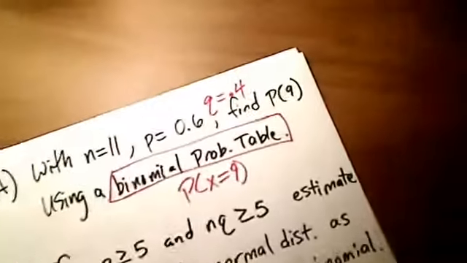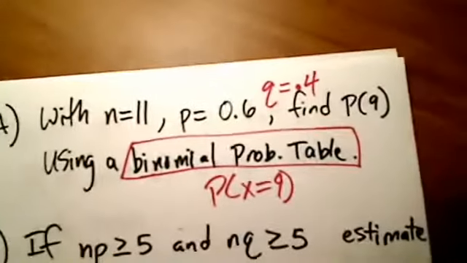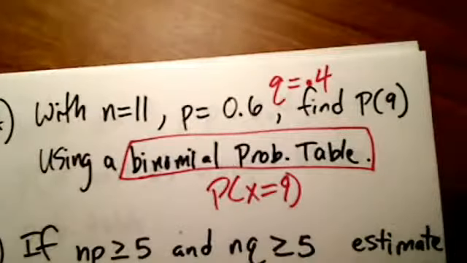Now I'm going to keep my finger in this spot and go back to the sheet. Do you see that my probability of success, little p, was 0.6? So in this table, I go underneath the column at the top that says 0.6, and follow this column down to an x value of 9 when n was 11.